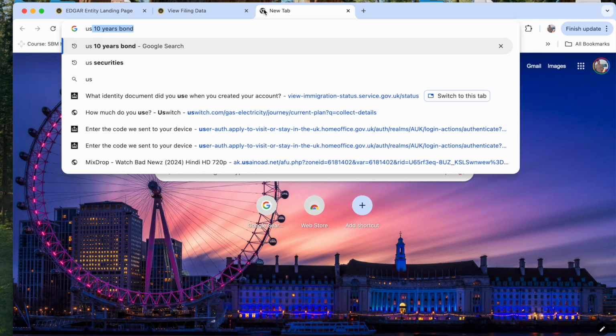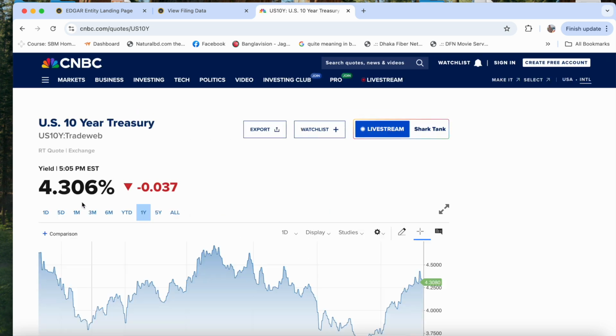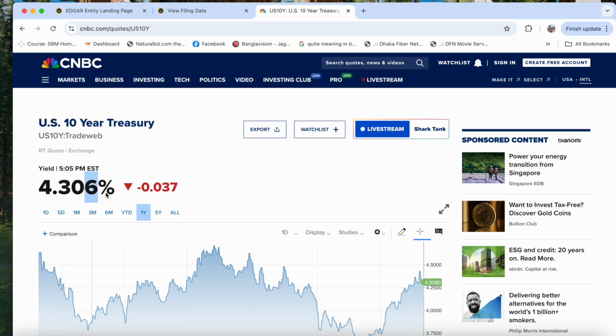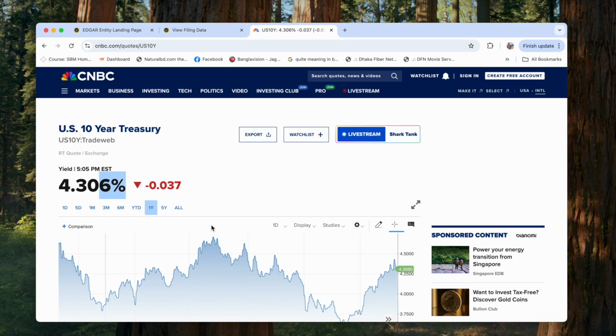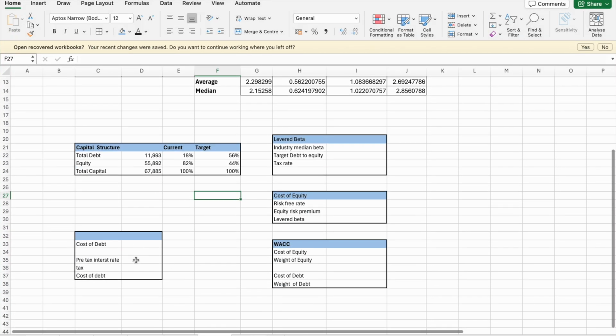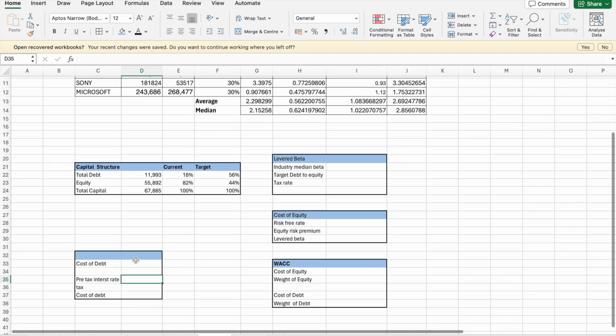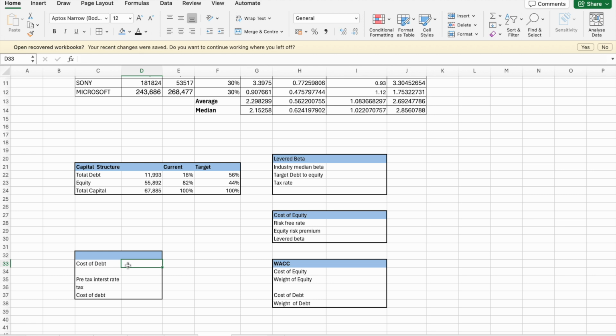So now we need the risk free rate. Simply the risk free rate is 4.306%. We need the risk free rate to calculate our cost of equity.